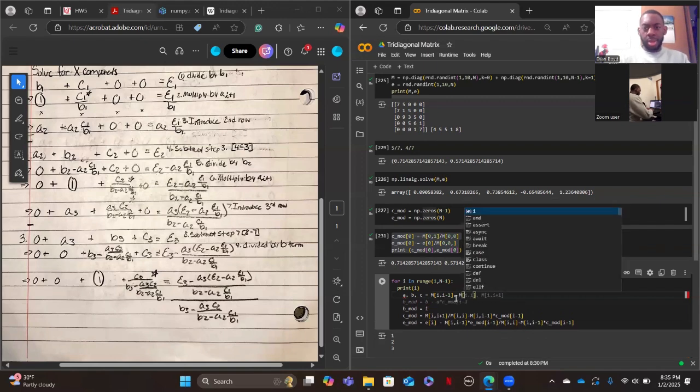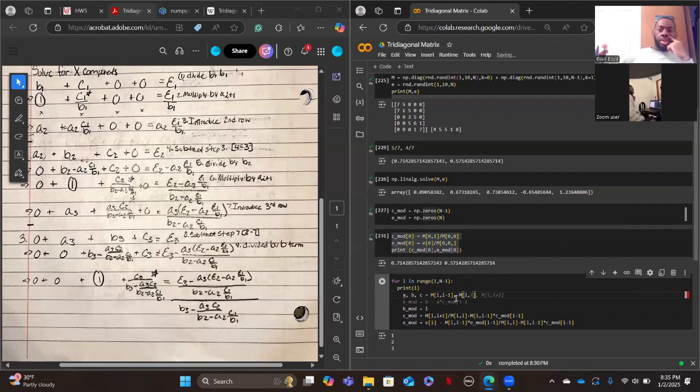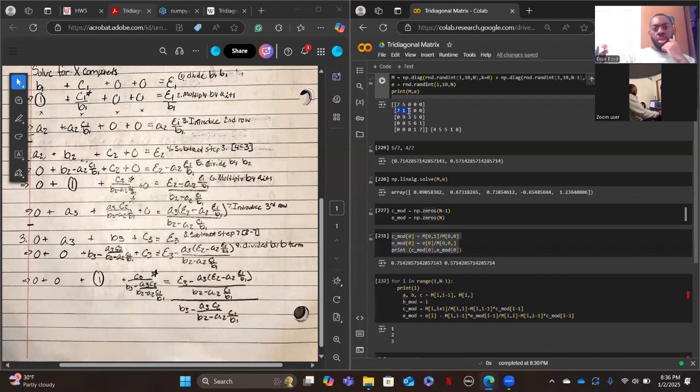And then we have M of I to what? Is it I to what? You want it to be at the last term. So this is 0, 1, 2, 3, 4. I goes from 1, so it already starts at 1.